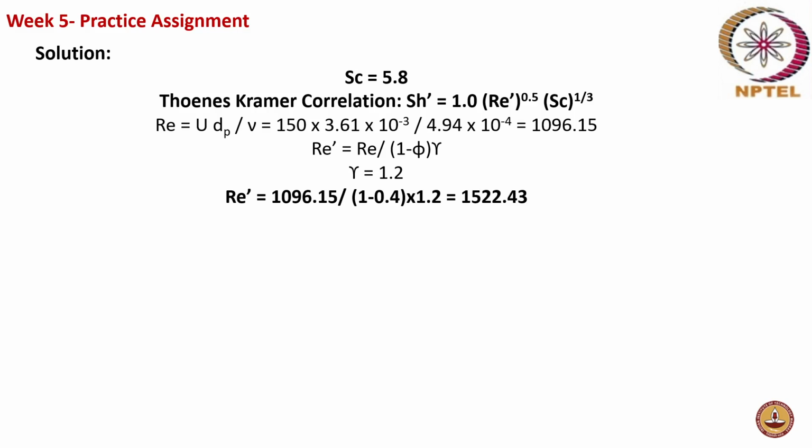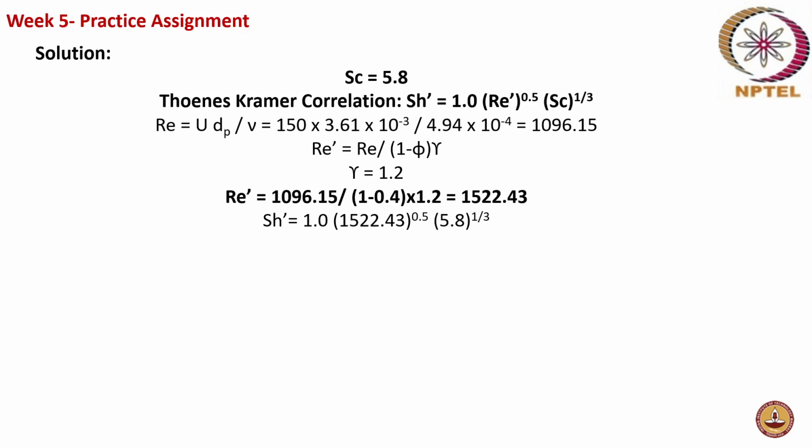So you will end up with your modified Reynolds number as 1522.43. We have found the Schmidt number and the modified Reynolds number.